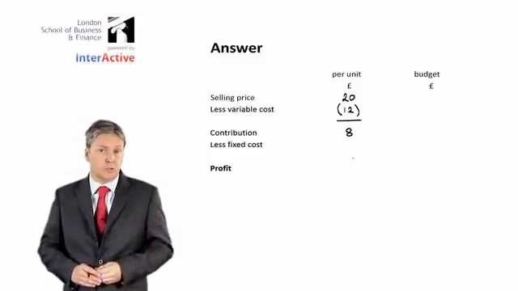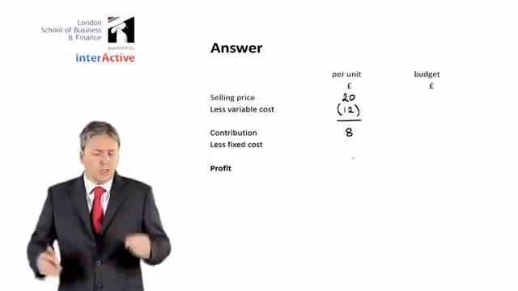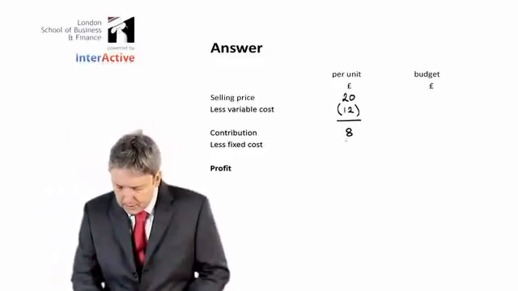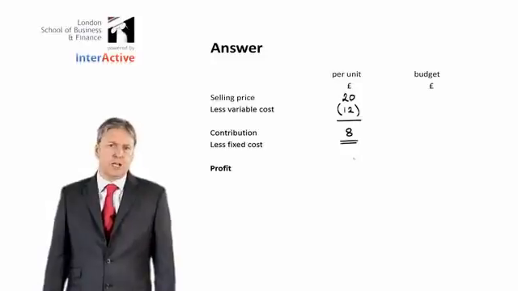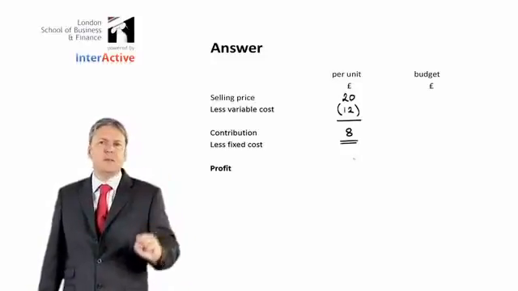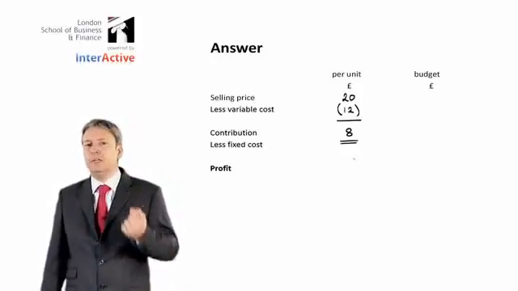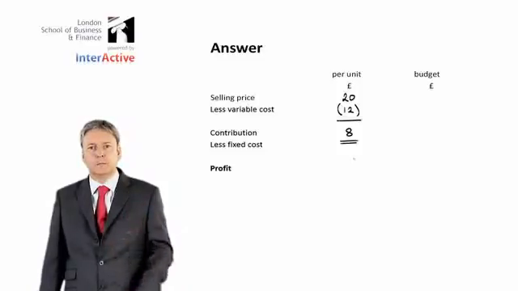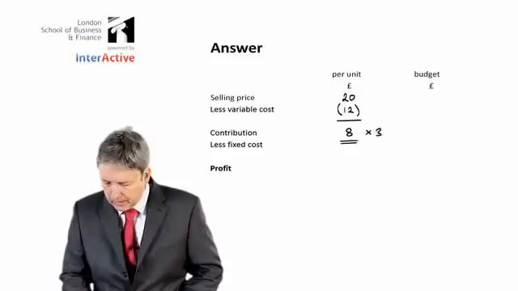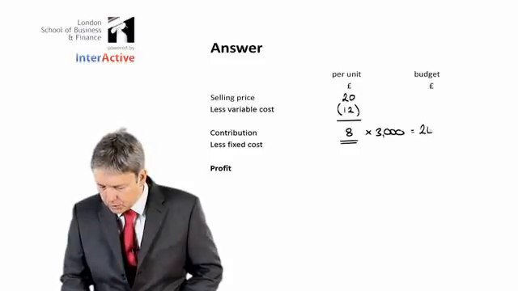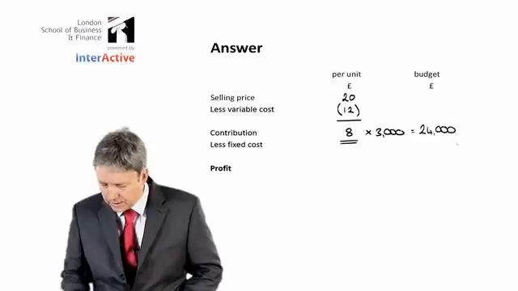And that's what I want to illustrate now. You see, we've just calculated the contribution per unit. And I suppose what that's saying is that is the net amount that we generate for every unit that we make and sell. But hold on a moment. We're also able to multiply that by the number of units to get the total contribution, 24,000 in this case.